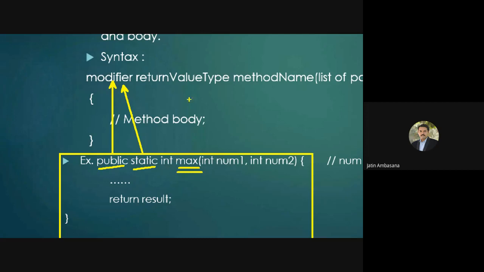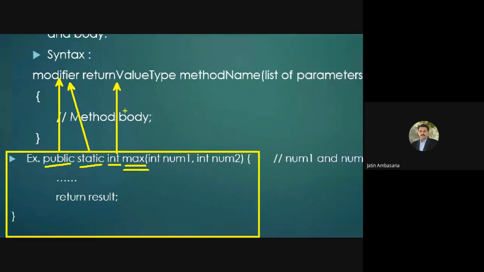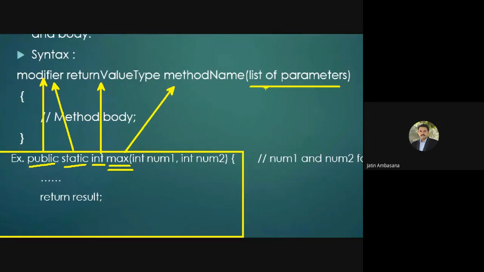Okay. And then the return value type is there, which specifies that this method will return an integer value, and the method name is there. And the list of parameters is specified over here. You see that?